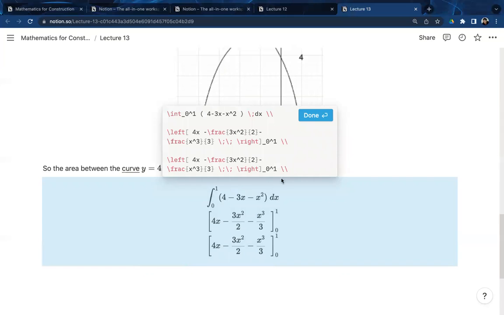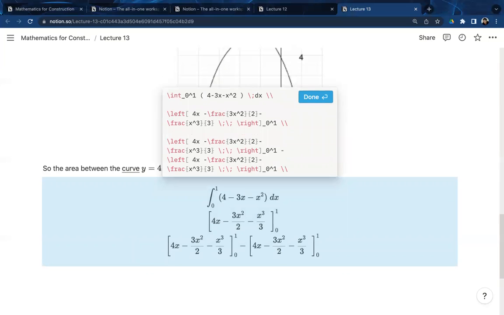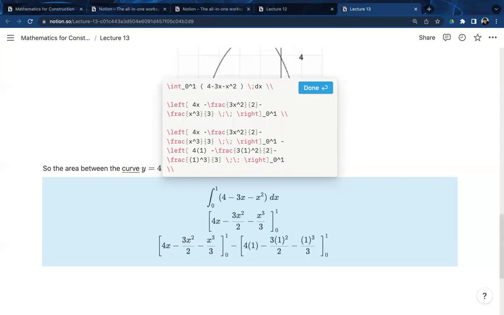Wherever you see x, you put 1, and then you subtract that from wherever you see x, you put 0. So this here will be 1, this 3x squared will be 1, this x cubed will be 1.